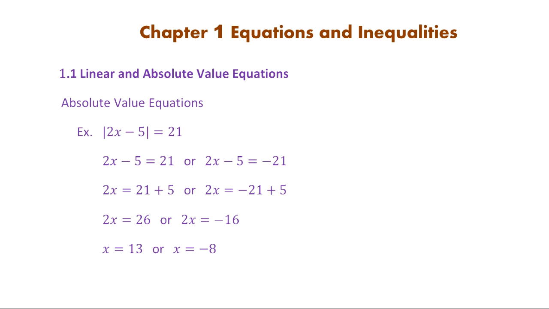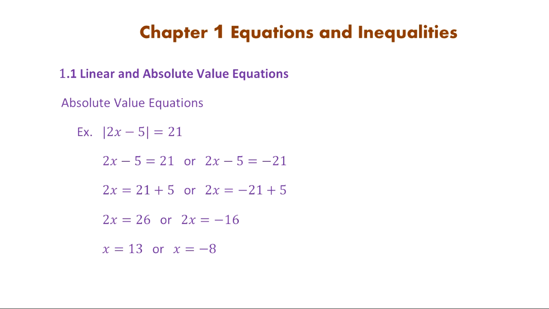Okay. So this will usually end up as two equations because the number inside the absolute value symbol can be either positive or negative. So when you take the absolute value, you get positive, but the number itself inside can be either positive or negative.